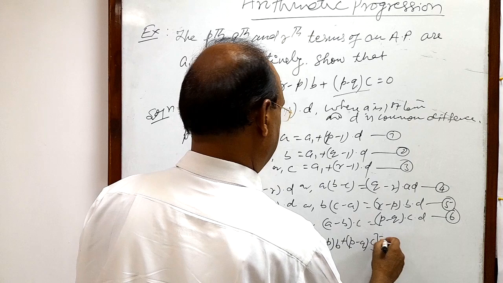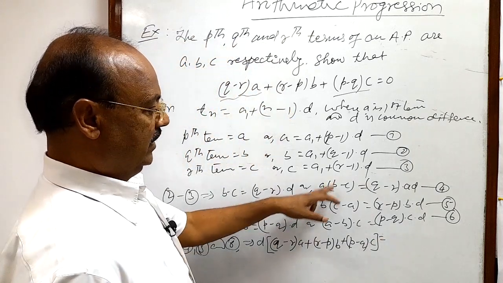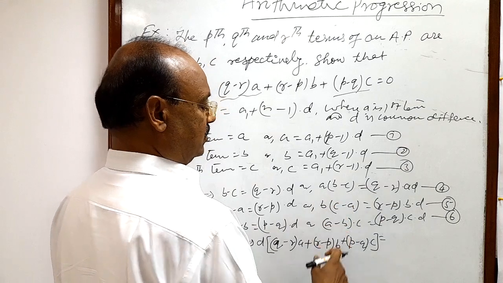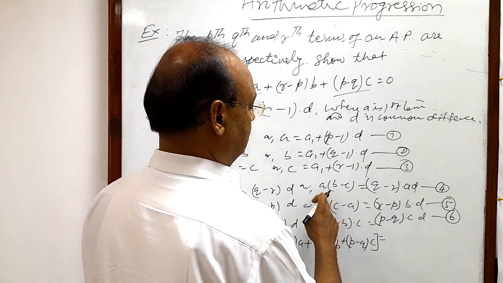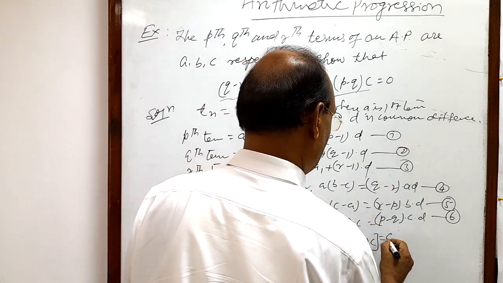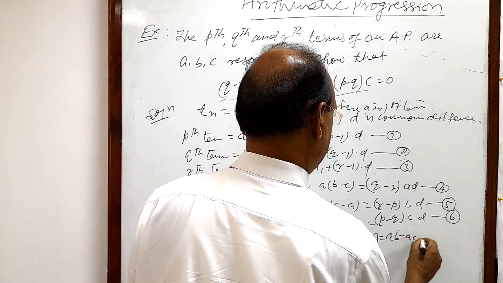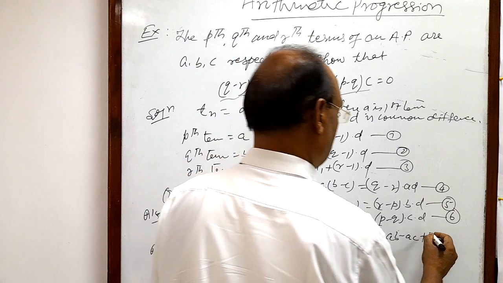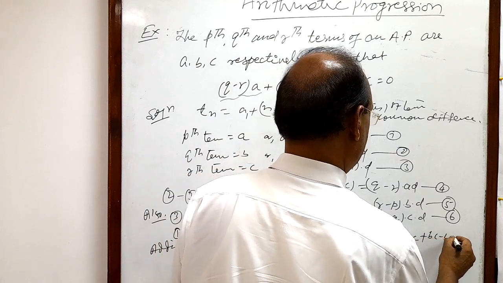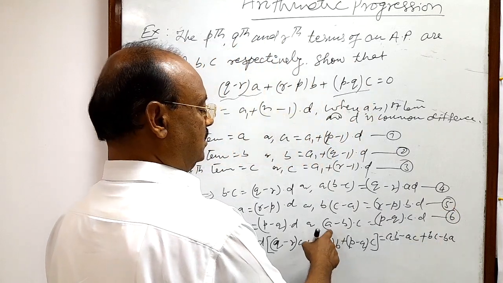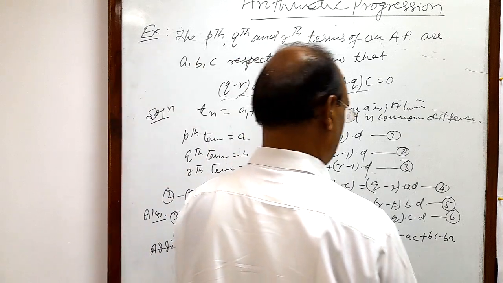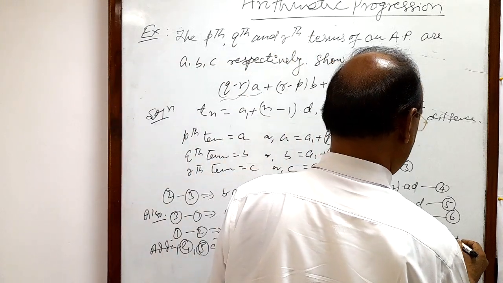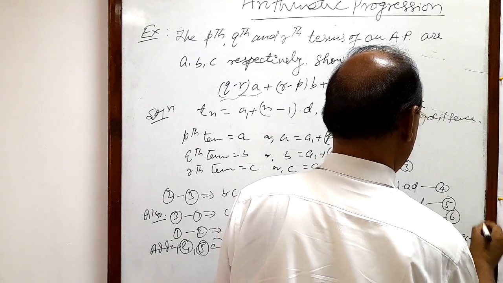And on the left hand side we write these expressions, multiplying them out: this is ab minus ac, and this is bc minus ba, and this is ac minus bc.